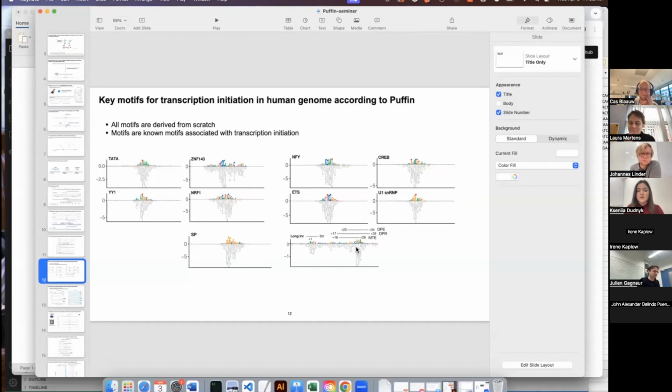It learned it as one motif. I guess this is because the position of these motifs inside the initiator probably matters a lot, which is why the model kept it together. Or it's also because they probably appear together. Thank you.